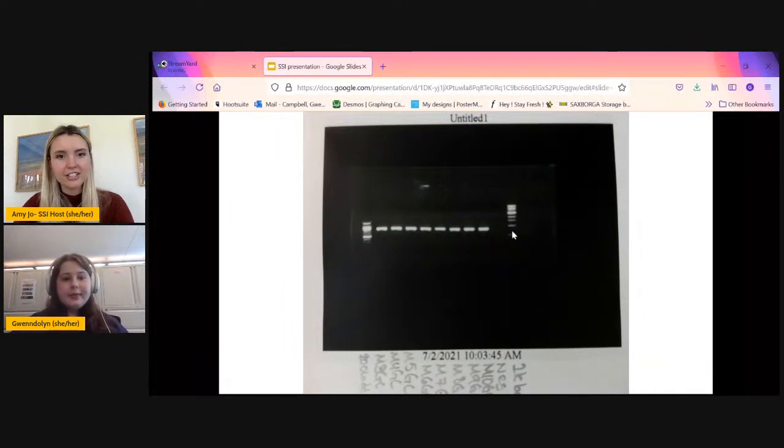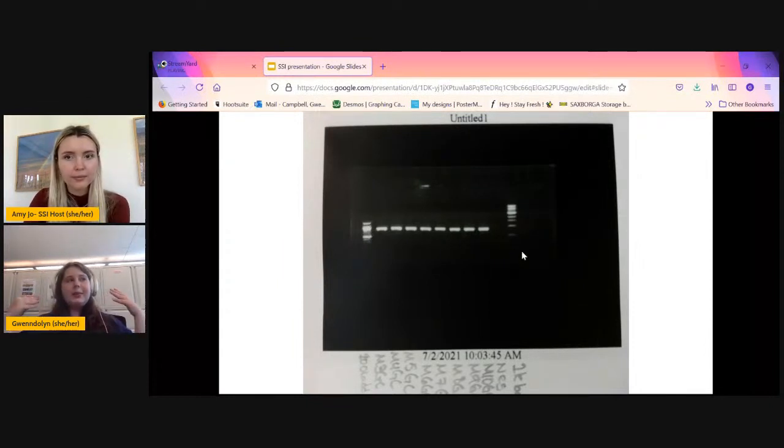And you'll see at both sides of these are what they call ladders, and these have specific lengths of the pieces of the products in them so that we can compare with them.